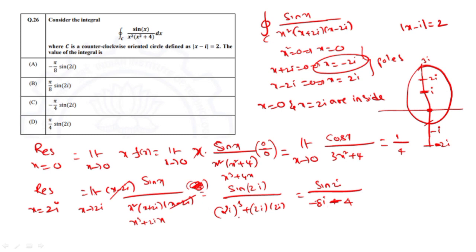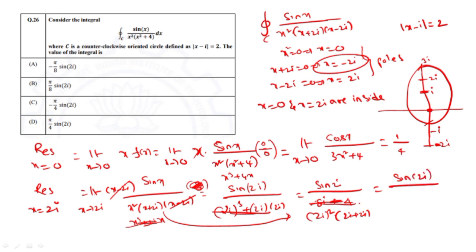Oh, sorry, something getting wrong. So this is x square, right? x square. Okay, we will write directly, substitute directly here. 2i square into 2i plus 2i. Sin 2i by 2i square, i square is minus 1, so minus 4 into 2i plus 2i is 4i.